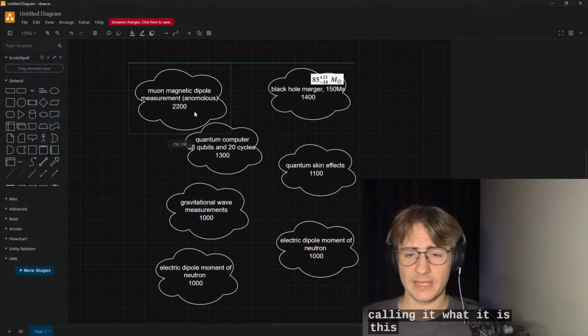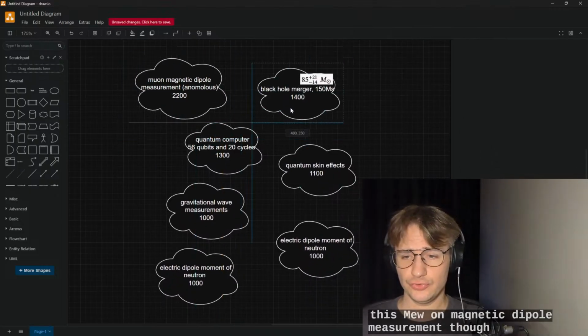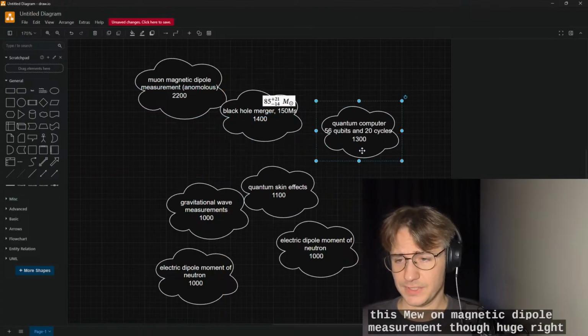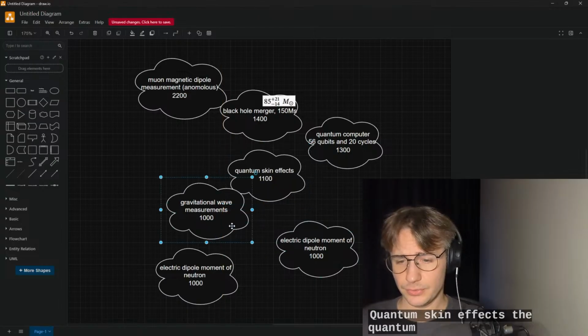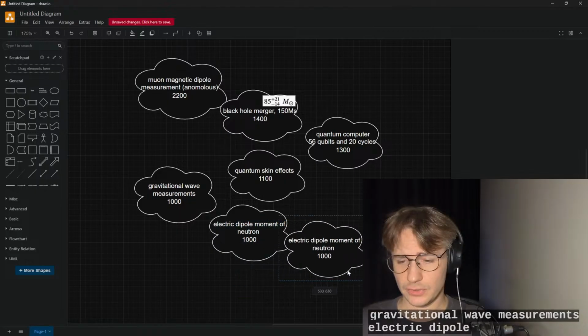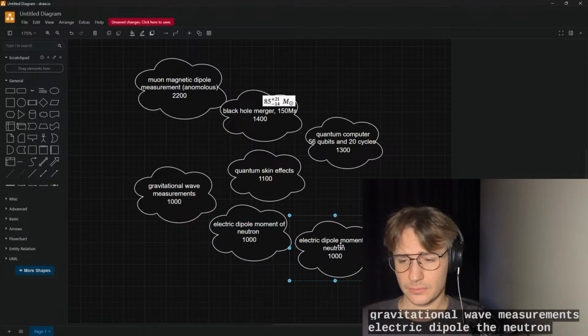This muon magnetic dipole measurement, though, huge, right? Quantum skin effects, the quantum computer, gravitational wave measurements, electric dipole of the neutron.